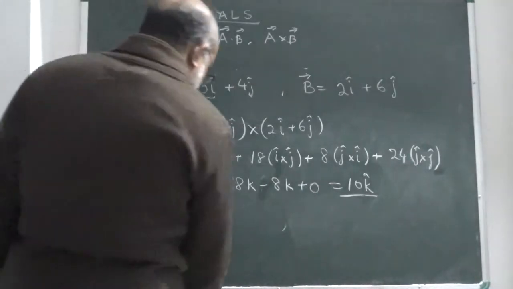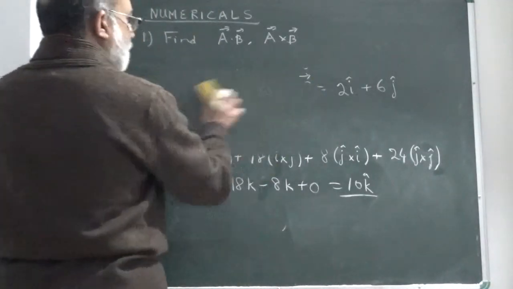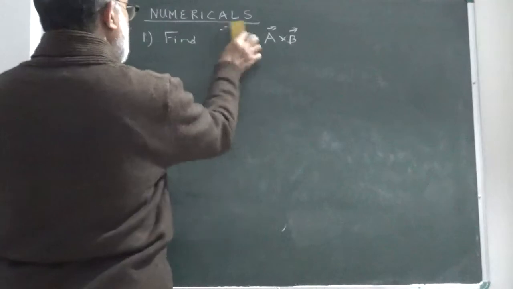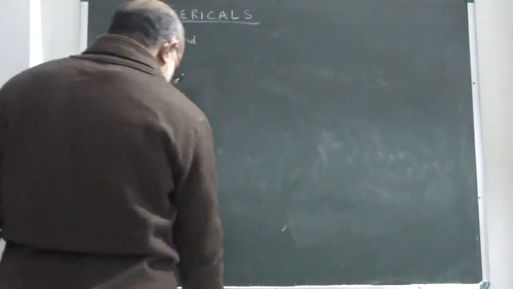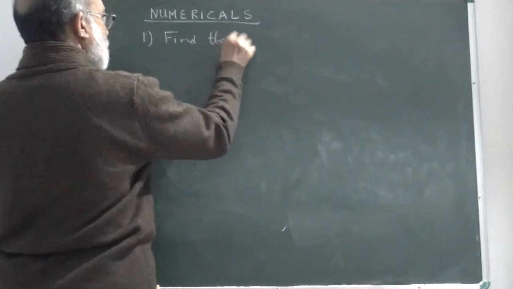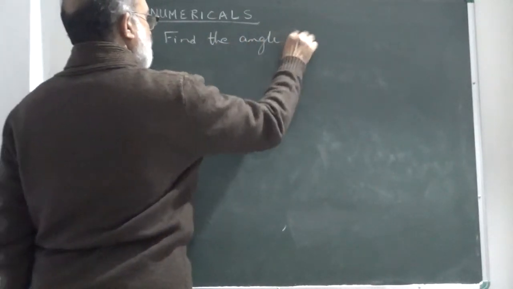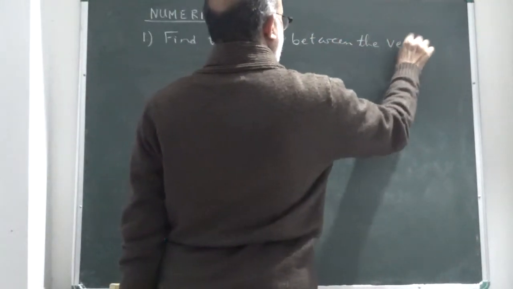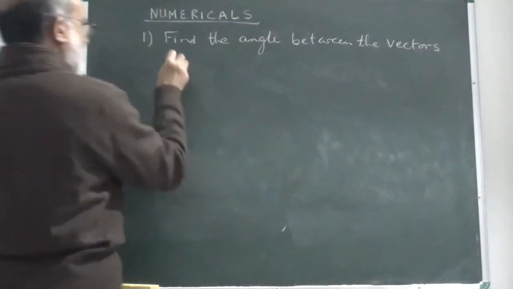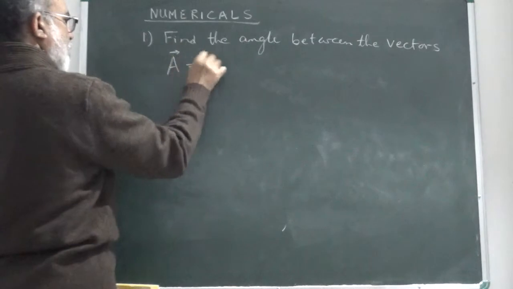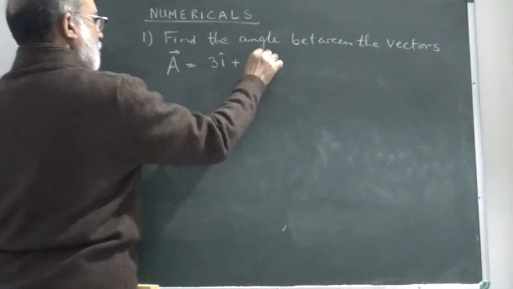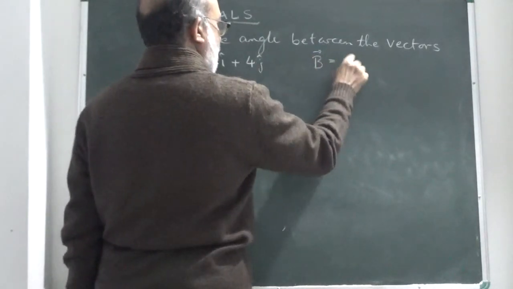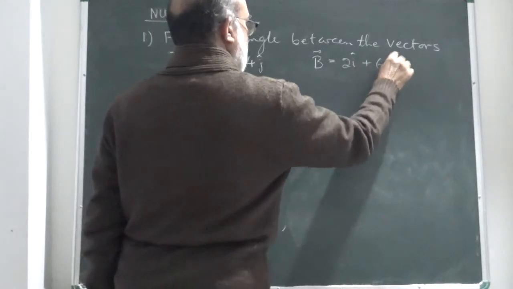Now if you want to find the angle between two vectors, find the angle between the vectors, the same, say A is 3i plus 4j, and B is 2i plus 6j.